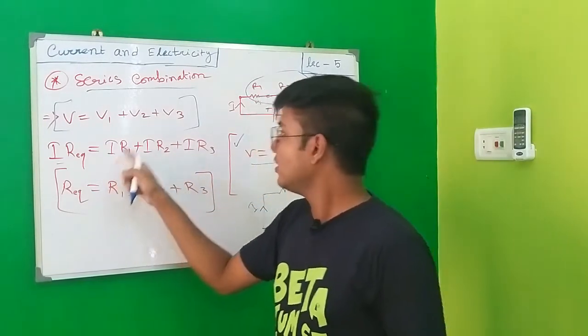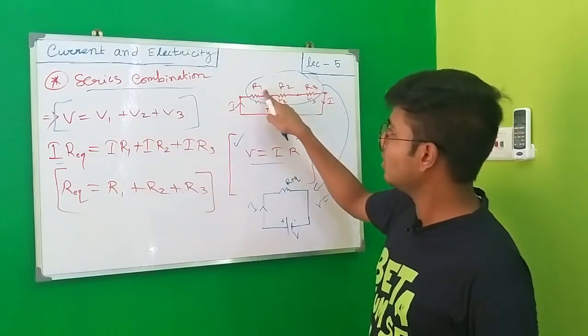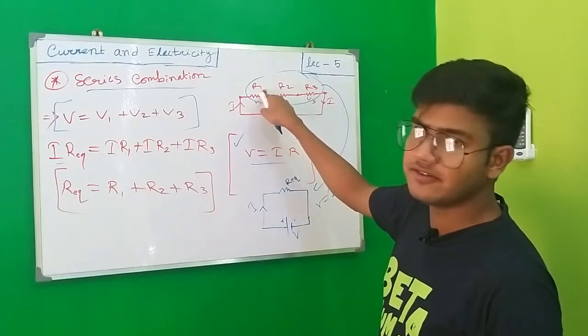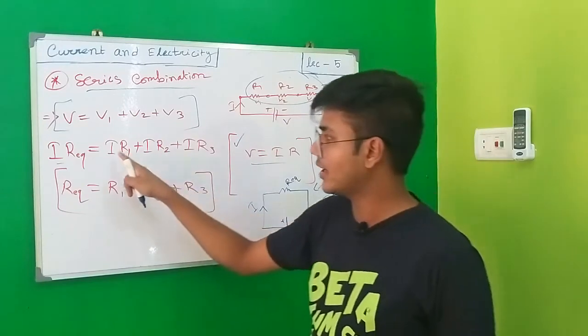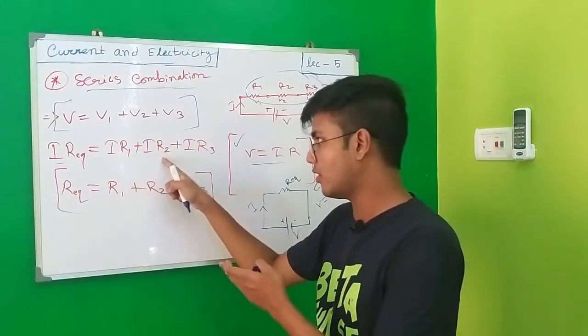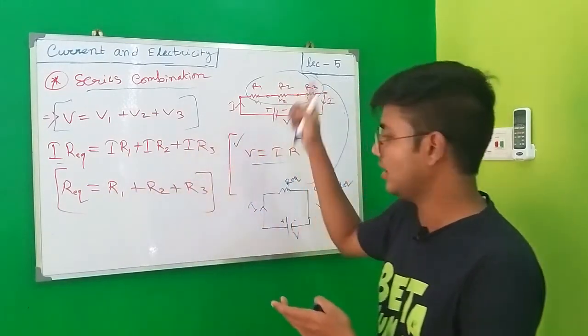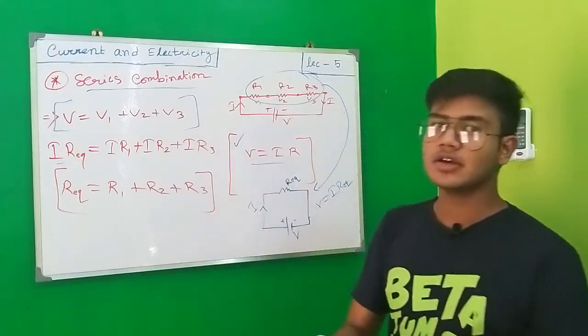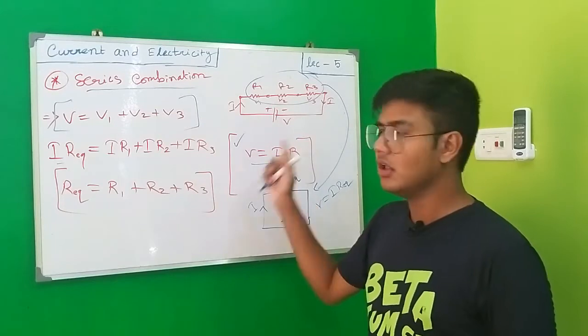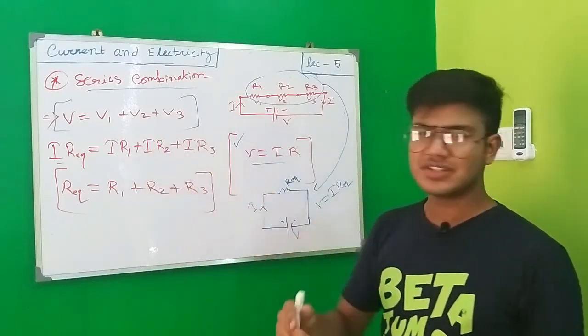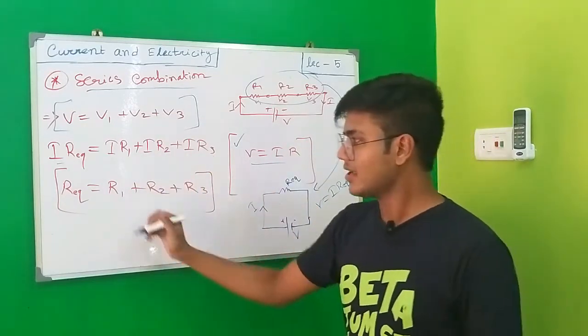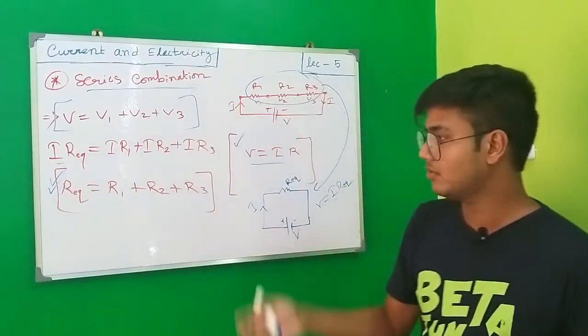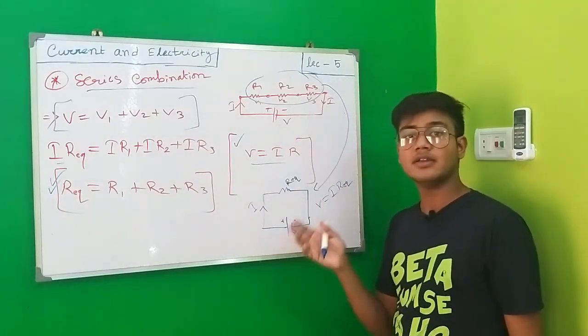Moving to the next one, that stands for the first one. So whenever I am considering the first resistance, I can put IR1, similarly IR2 and IR3 as they are given. Now, as you can see, the current is the common factor for all of this. So we can remove it from both sides very easily. And that is how we get the final equation, which is R1 plus R2 plus R3.